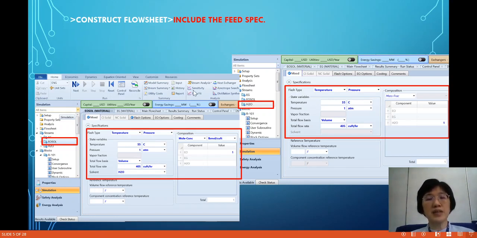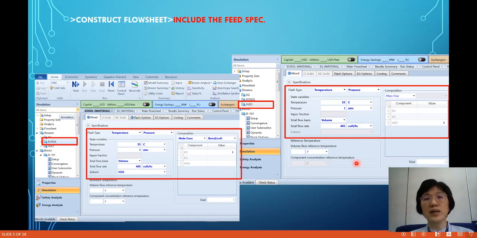But in this case, because we are having ethylene oxide solution, we specify the volumetric flow rate 405 feet cube per hour, and we also specify the solvent as water. And on your right, when you specify the composition, you have to specify the concentration of ethylene oxide as 1, and please select the unit accordingly. So we have done the ethylene oxide solution.